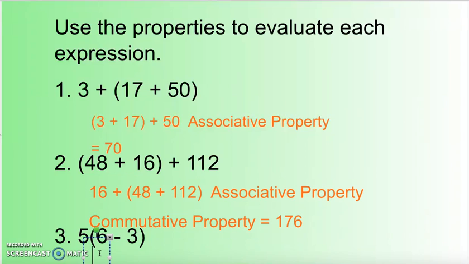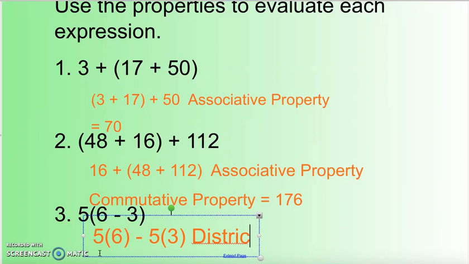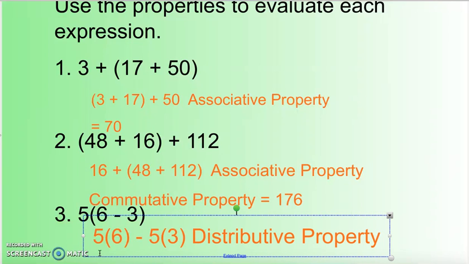Okay, next one. This one I have a number on the outside of a group and it's right next to the parentheses. So I know that I can use the distributive property. So I'm going to distribute the 5 to the 6 and the 5 to the 3. And I am using the distributive property.